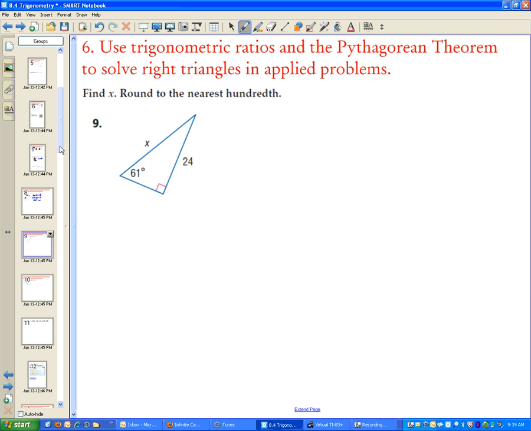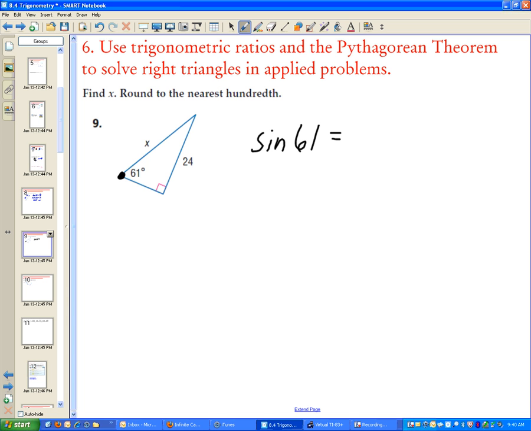All right. We've got the 61 degrees. There's the vertex of the 61 degrees. I need to write an equation with x in it. Do I want to use sine, cosine, or tangent? If I use the sine of 61, that equals opposite over hypotenuse.